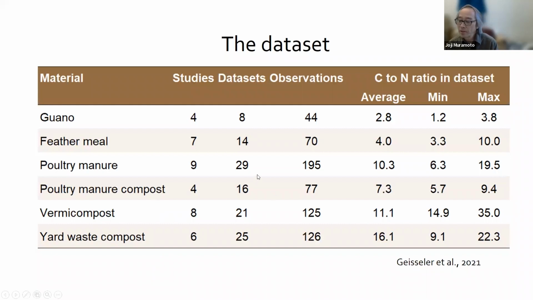In this case, we collected so much data for different organic fertilizers. The C:N ratio varies a lot, and it has a considerable range within each category. Then Daniel Geisler came up with a simulation model for nitrogen mineralization.